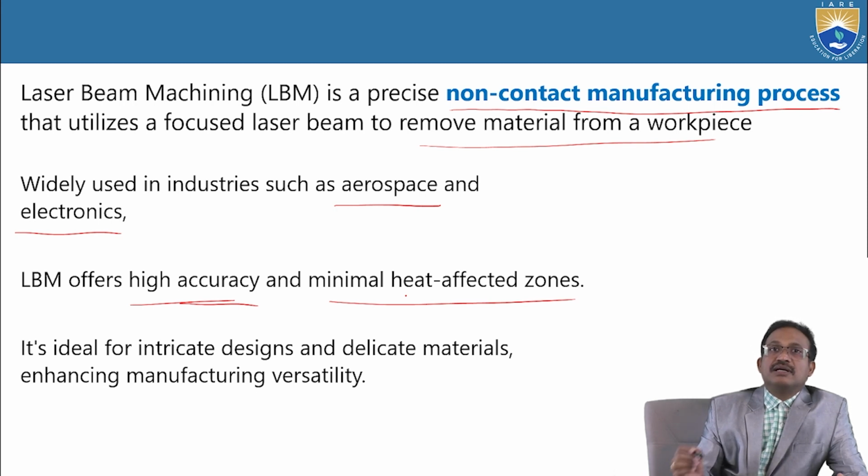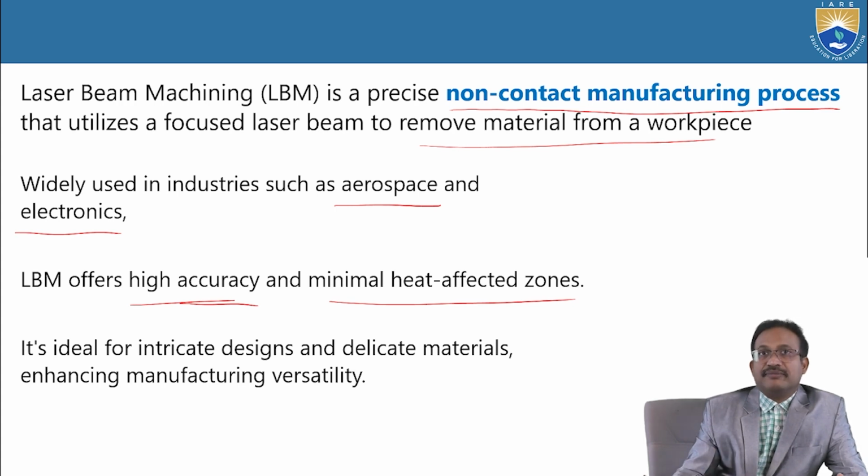Why? Because the laser beam removes the material from the workpiece in a surgical way. Wherever we want to remove the material, only there will the laser beam spot point, and the material will be removed with different material removal mechanisms, which we will discuss in detail in the coming presentation.